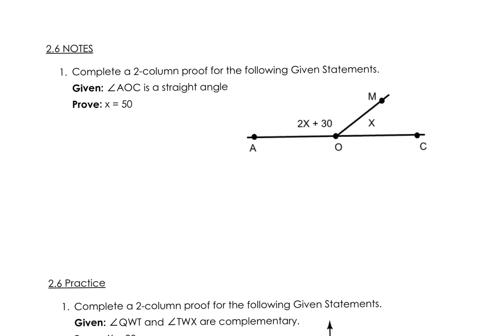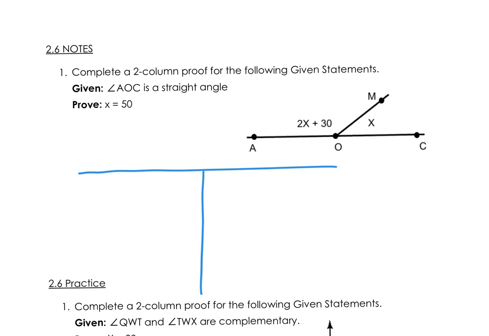Okay, this is the one we're going to do together. I'm going to go ahead and make a two-column proof because it says to complete a two-column proof for the following given statement.